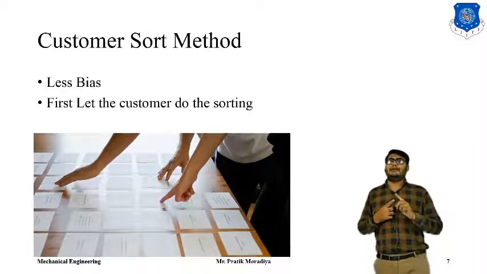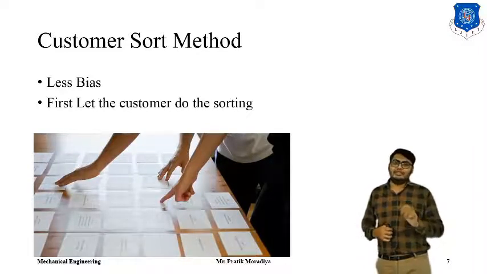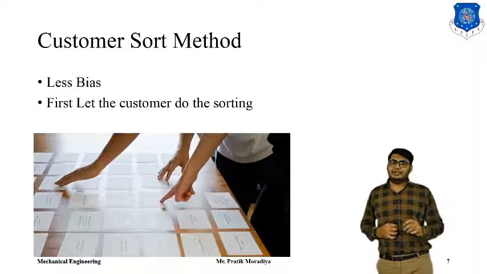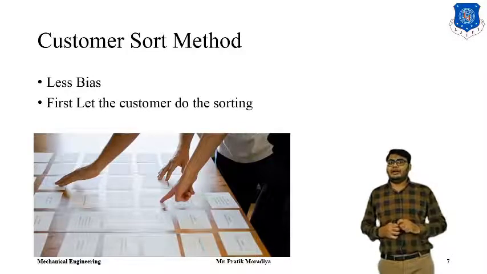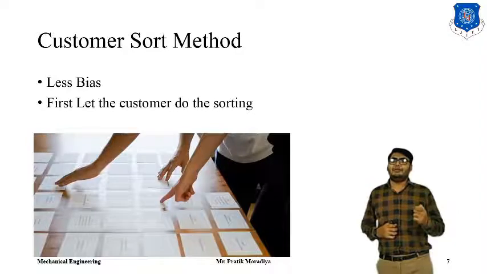Remember, I told you that the affinity diagram is performed by the design team. So if the design team is performing the method of grouping the needs, it is susceptible to some bias of the design team.